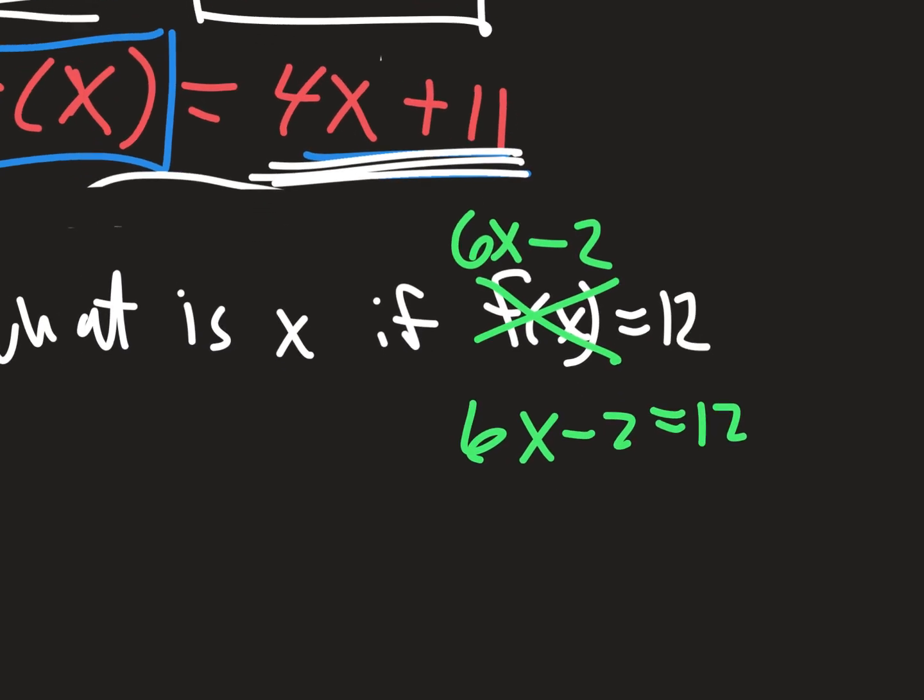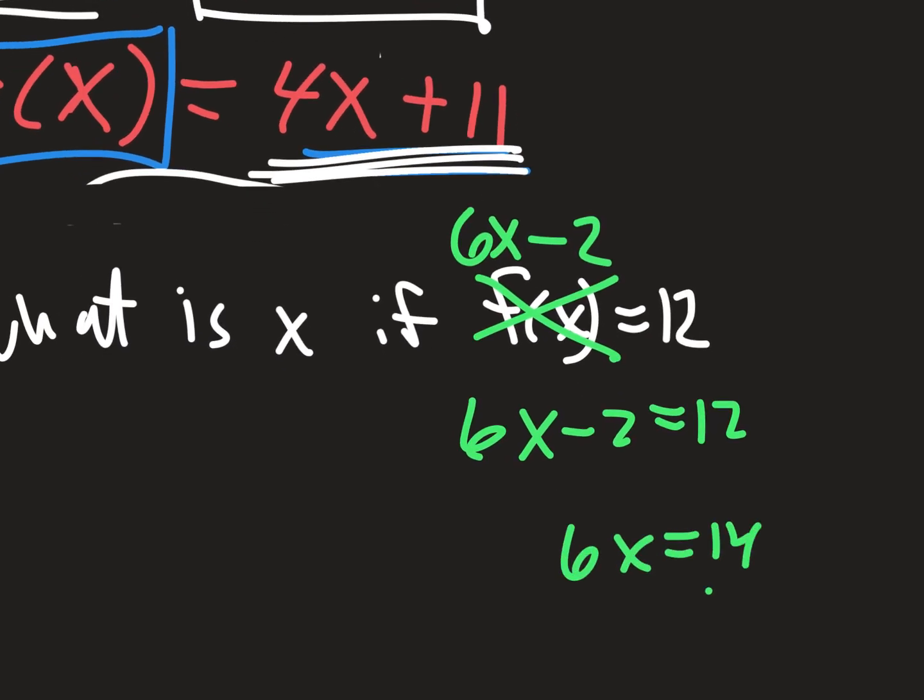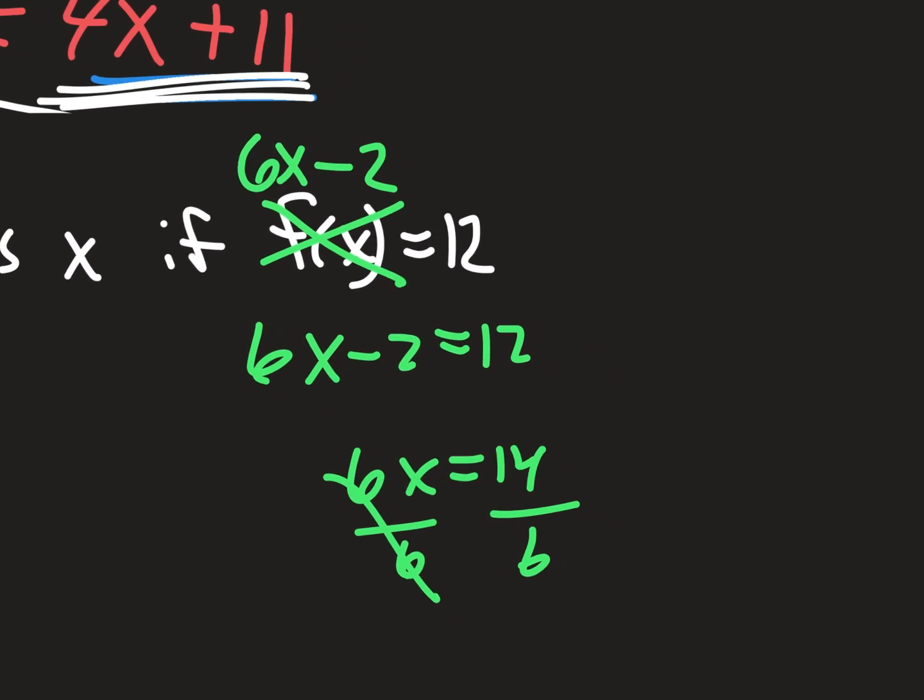So add 2 to both sides, 6x equals 14, divide by 6. Cancels. Can you reduce that? Well, I would make it 2 times 7 and 2 times 3. That's how I reduce. 7/3. Raise your hand if you had 7 over 3. Yes. Okay. Cool. Then you are ready for your homework, because that's what it's like.